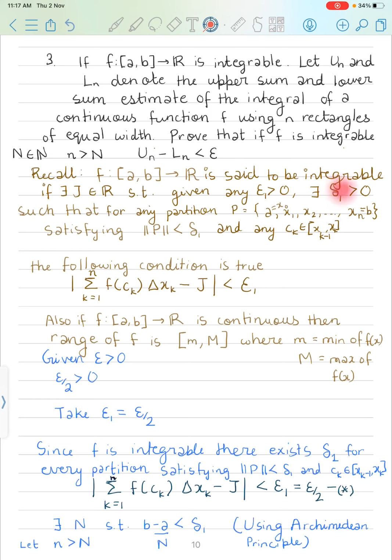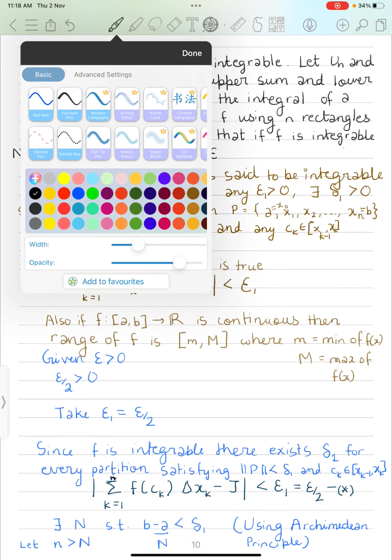There exists a delta 1 for which this condition is satisfied, whenever the norm of P is less than delta 1. Let me actually show you the partition.